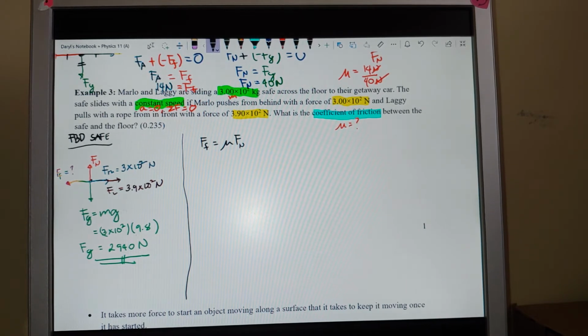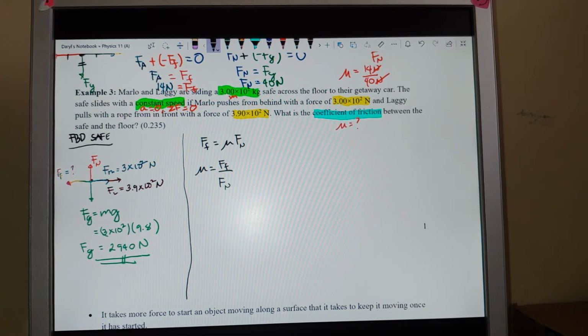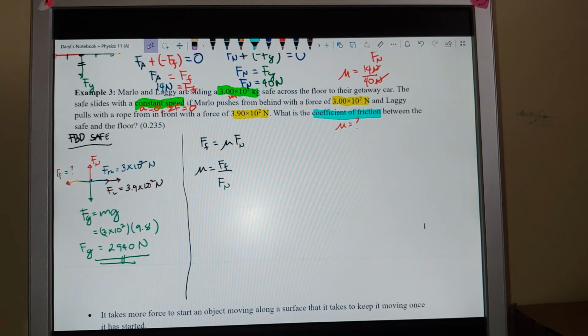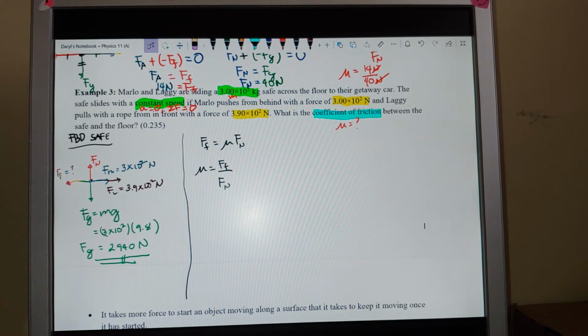From there, we can have mu equal to F over Fn. So in order to solve for the coefficient of friction, we have to get the value of the frictional force and the value of the normal force. Let's say, for example, we want to solve for the frictional force.